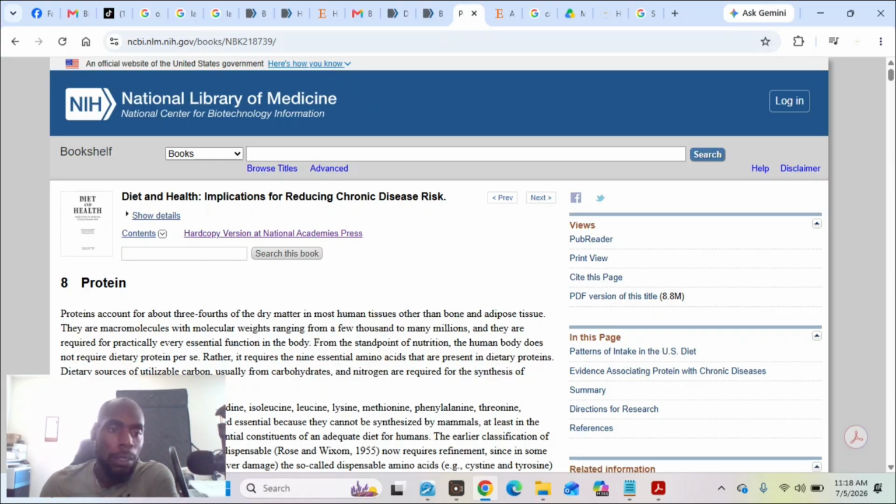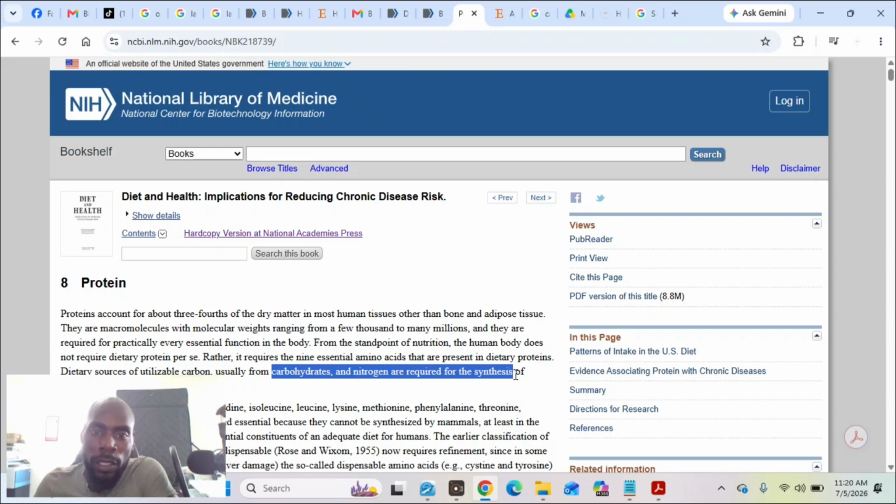Let's rock with it. Dietary sources of utilizable carbon, and that just means something that can be utilized, usually from carbohydrates, which we know already, and nitrogen are required for the synthesis of non-essential amino acids.